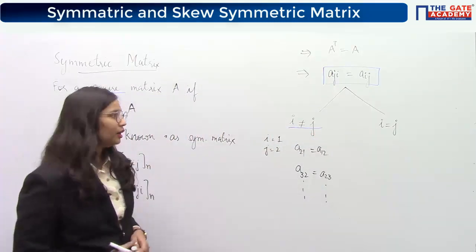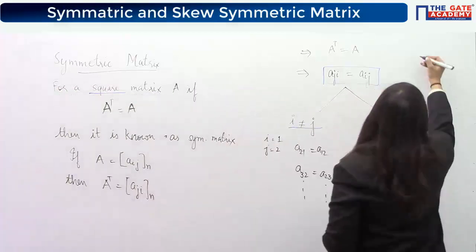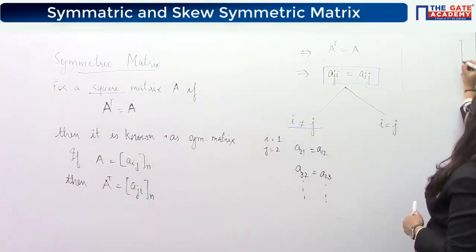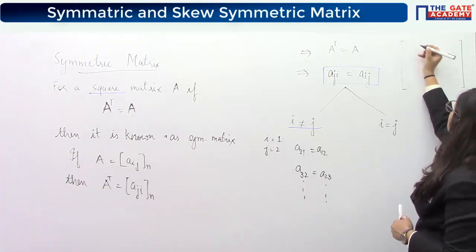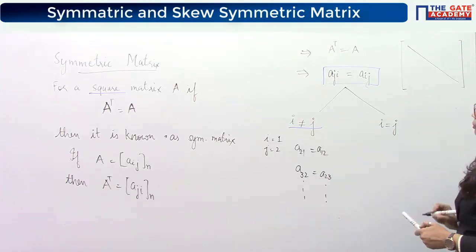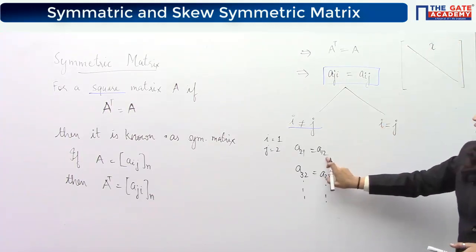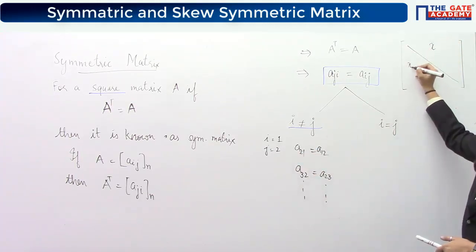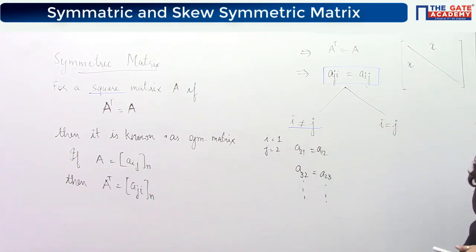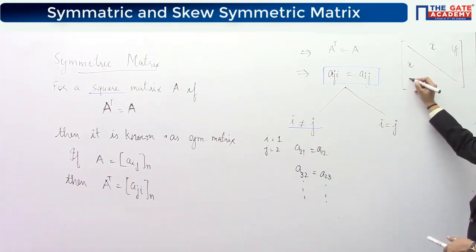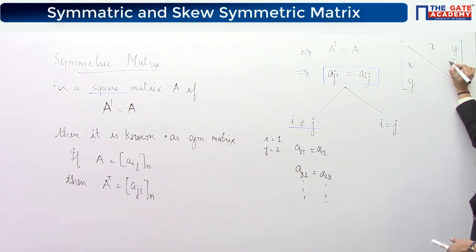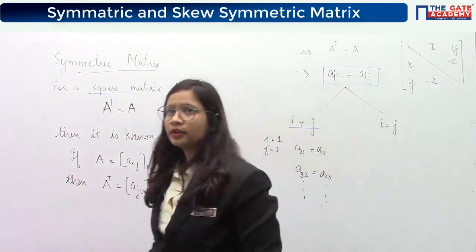What I'm trying to say is that if you look at a symmetric matrix, not talking about the diagonal elements, if this value A12 is x, then A12 will be equal to A21, meaning this will also be x. Similarly, if this value is y, this will also be y. If this value is minus z, this value will be minus z again.